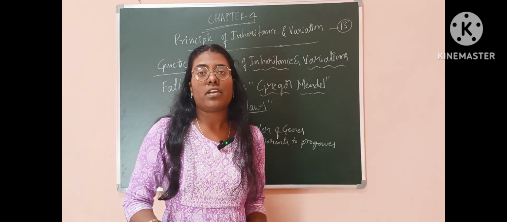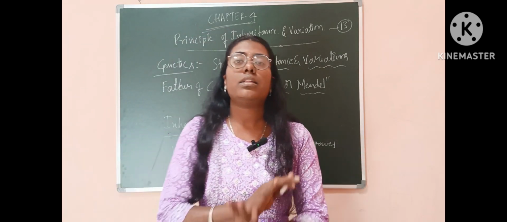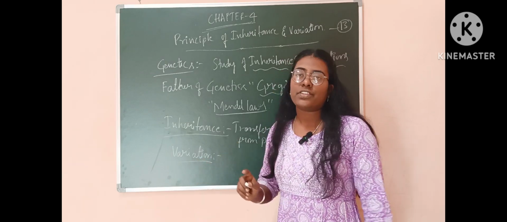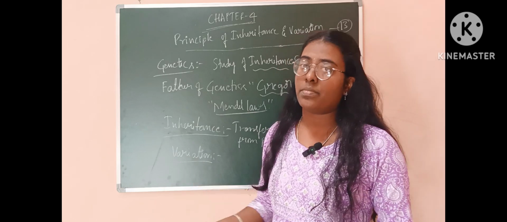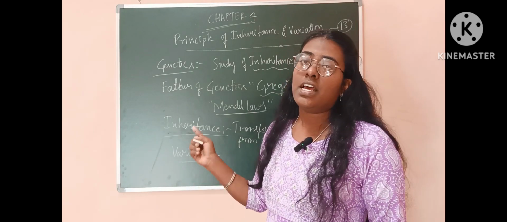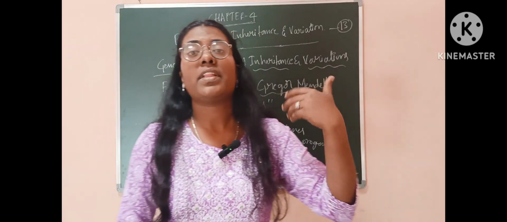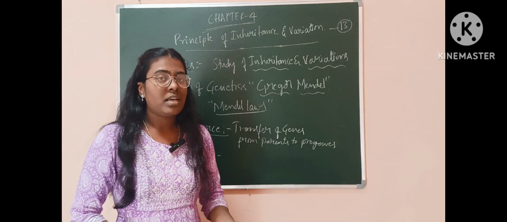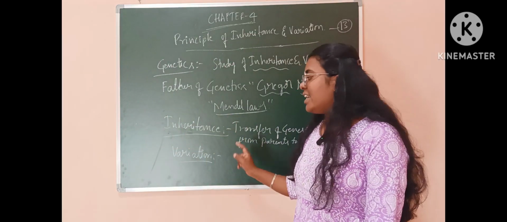No organism is exactly similar to another organism, because all organisms have variations. The meaning of variation is very simple: it means the difference in the organism. The progenies will possess some new characters which are not present in their parents. Those are called variations.